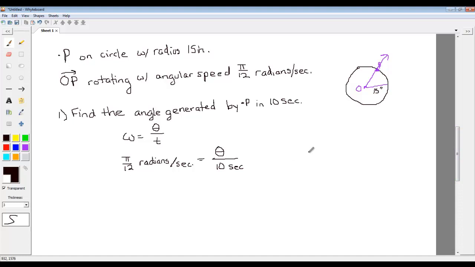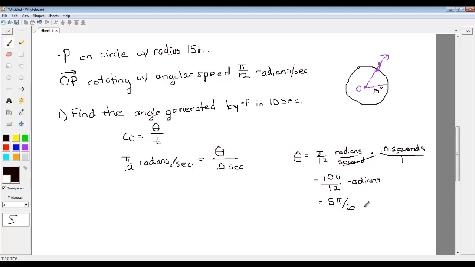So if we multiply both sides by 10 seconds, we'll be able to solve for theta. Pi over 12 radians per second times 10 seconds. Seconds will reduce, leaving you with 10 pi over 12 radians, or 5 pi over 6. So 5 pi over 6 radians.